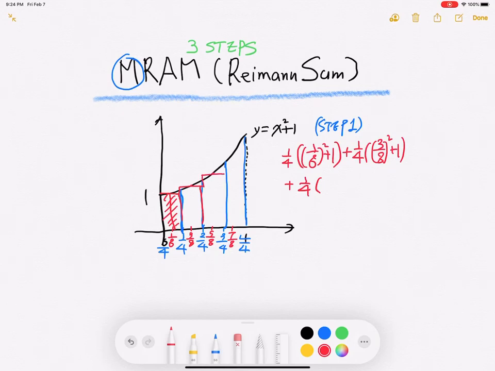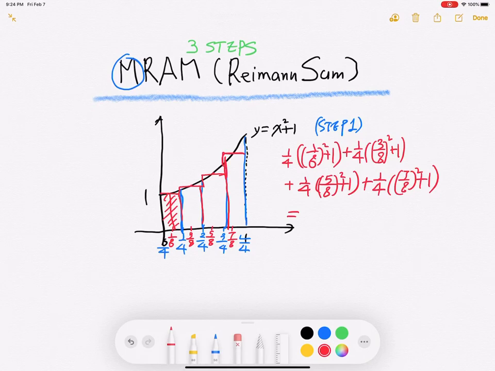The rectangle looks like this. That height is the y value. Plug in 5 over 8 for x, squared plus 1. Last rectangle's area is 1/4 times (7 over 8) squared plus 1. I will find the sum of all 4 rectangles' area now.